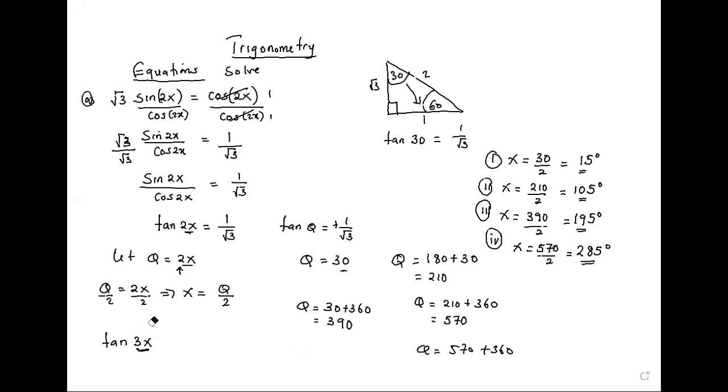Can you repeat on adding 360? For you to add 360, you are saying, okay, since for me to get x, I need to divide theta by 2, this gives us room to go beyond 360, because when we divide by 2, we'll come back within 360.